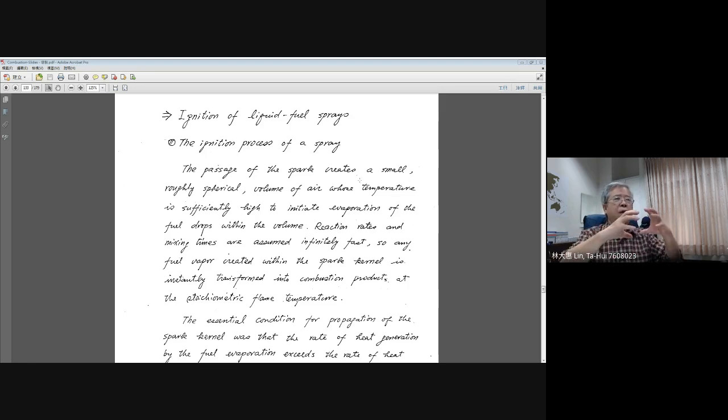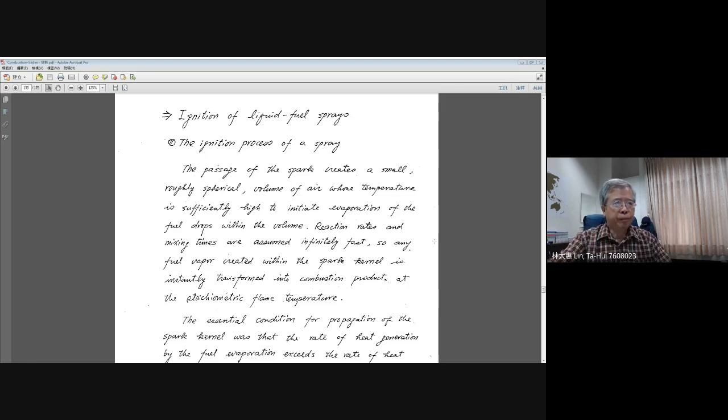Now, think about the passage of the spark. It creates a small and roughly spherical fireball of air, which means that we supply the minimum ignition energy. This fireball has a temperature sufficiently high to initiate the evaporation of the fuel droplet and also to let the chemical reaction be initiated.